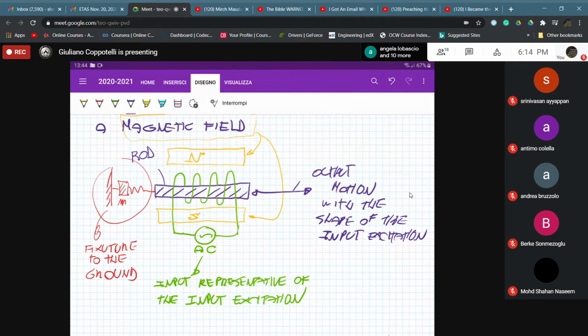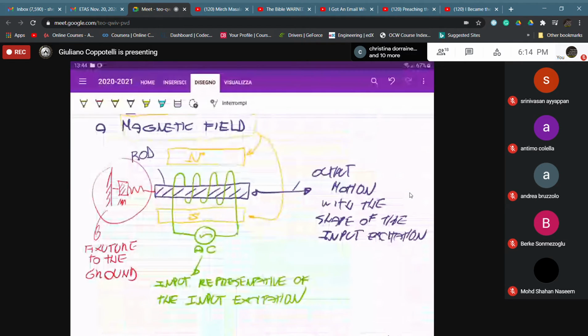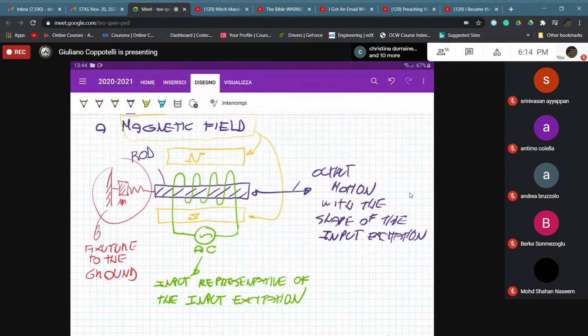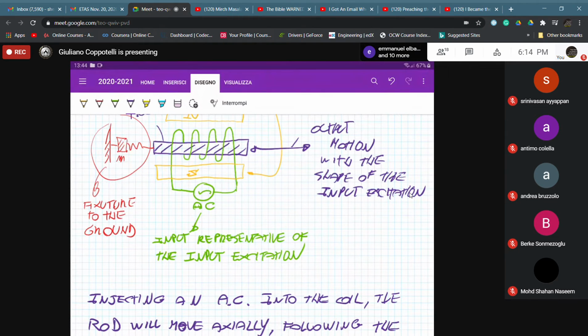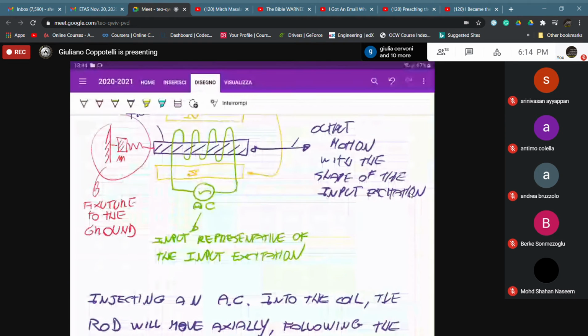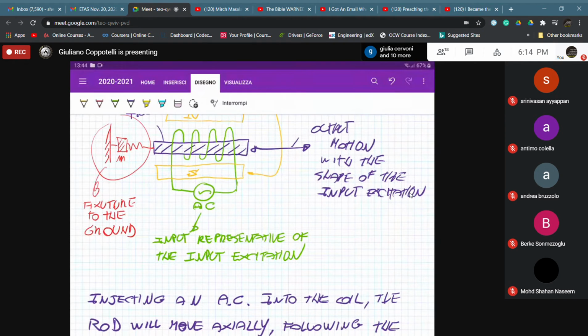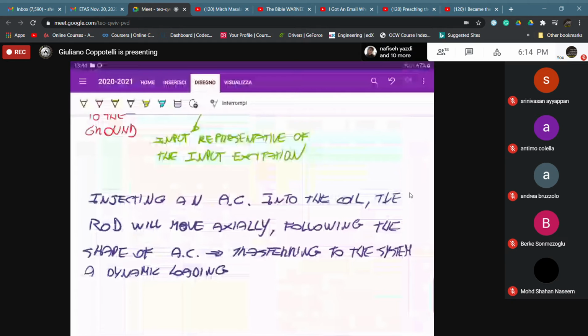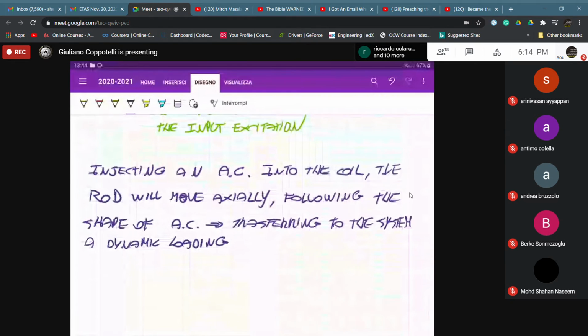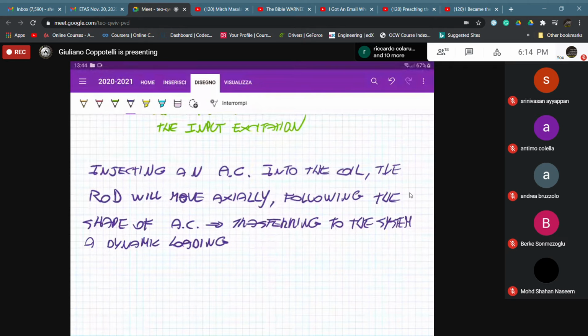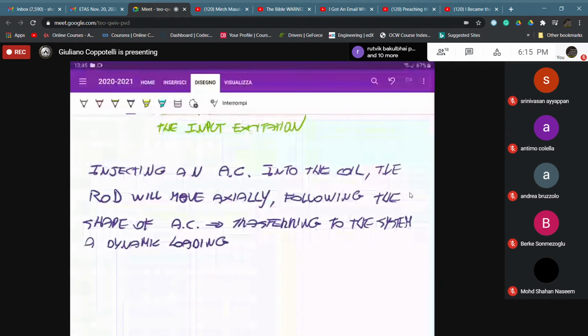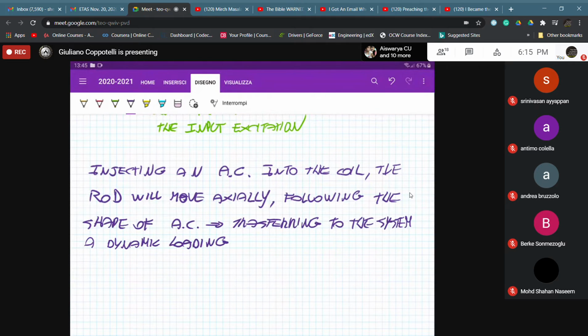The resulting electromagnetic field is transducing the input current into an output motion that has the same frequency, and we just have to tune the value of the parameters, the gains, in order to have the desired output as well. What we can do with this kind of excitation is a transfer of energy from your input side to your structure, which is considered your output side.